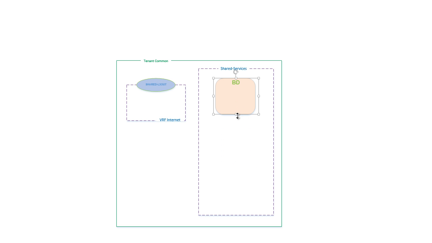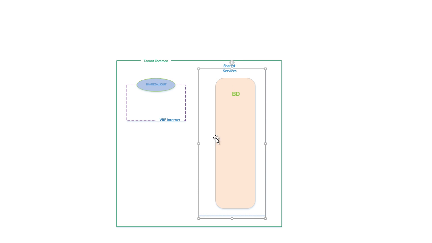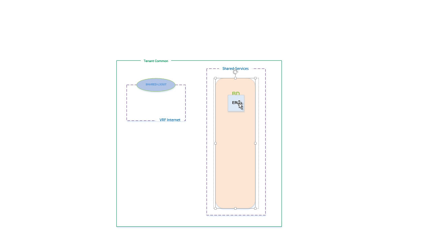We're just going to create one single bridge domain, because this is for shared services. So what we're going to need to do is now create our EPGs. Okay, and this bridge domain is going to be the shared services bridge domain.